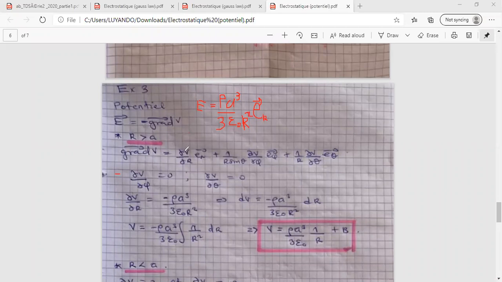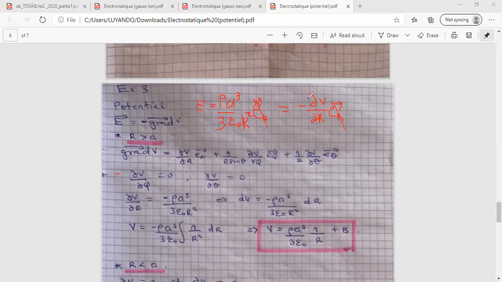So we have dV over dr. We're going to say this is equal to the negative of dV over dr in the direction E r. So we have this, and this and this can go.